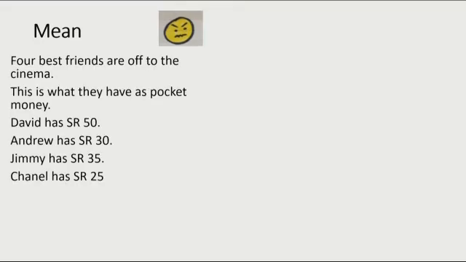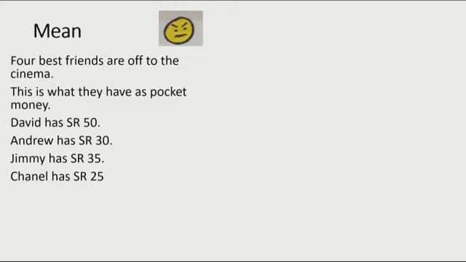Okay? Now let's put a scenario before you. 4 best friends are off to the cinema, and this is what they have as pocket money. David has 50 rupees, Andrew 30 rupees, Jimmy 35 rupees, and Chanel 25 rupees.